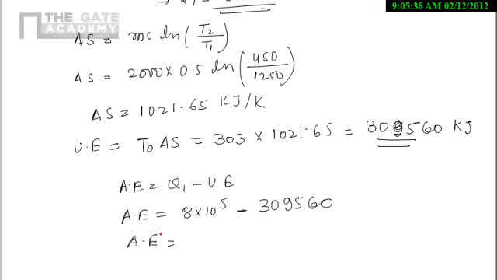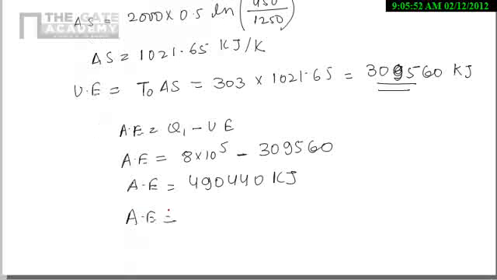It is coming 490,440 kilojoule. In terms of megajoule, we divide it by 10 to the power 3. It will come 490.44 megajoule.